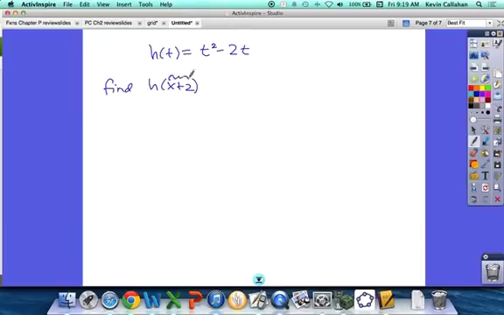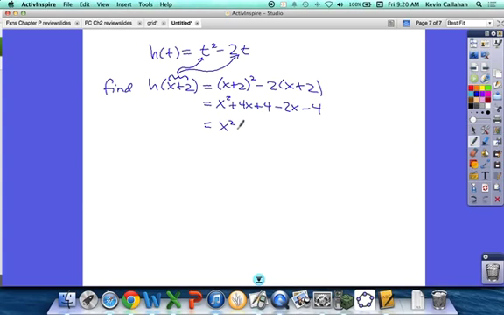So h of x plus 2 is (x plus 2) squared minus 2 times (x plus 2). Everywhere you saw a t up here, put an x plus 2, and then simplify. (x plus 2) squared is not x squared plus 4. It's (x plus 2) times (x plus 2), which is x squared plus 4x plus 4. And negative 2 times (x plus 2) is minus 2x minus 4, which gives x squared plus 2x. And the 4 minus 4 cancel.